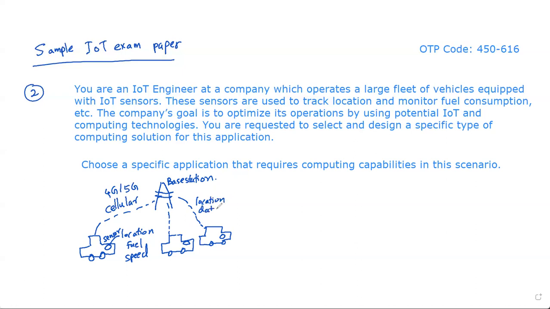So we can also narrow it further. Let's say they are sending their GPS location data. So if each of these vehicles is sending that data to this base station, what is the process that we need to follow to process this data that is collected from these vehicles, and how can we provide a useful output regarding this group of vehicles?